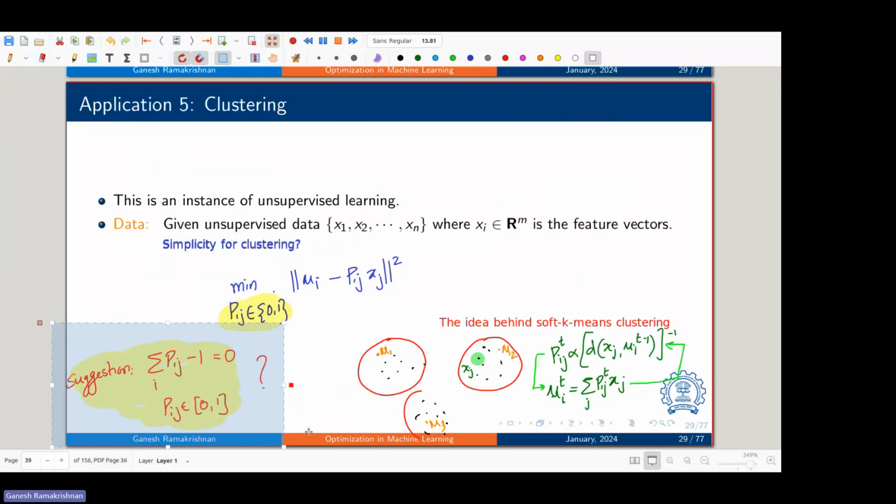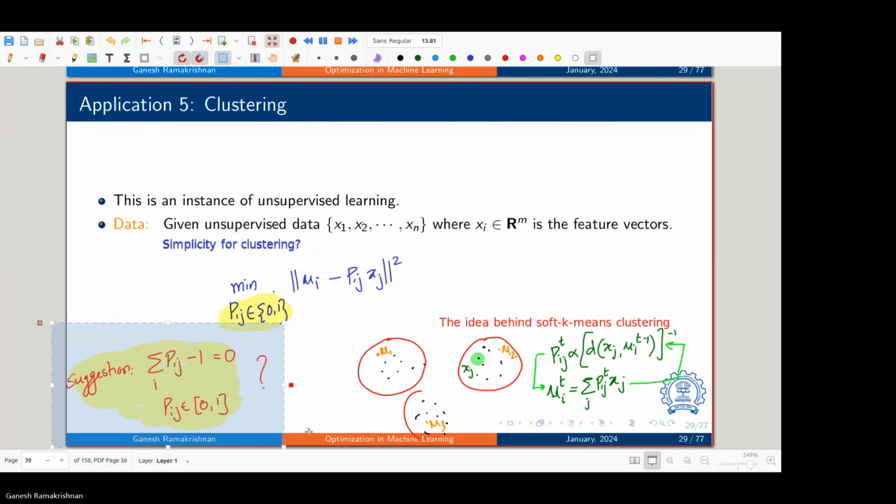Okay, this one was basically binary membership. So this is one way of simplifying, and this is the other way of simplifying.